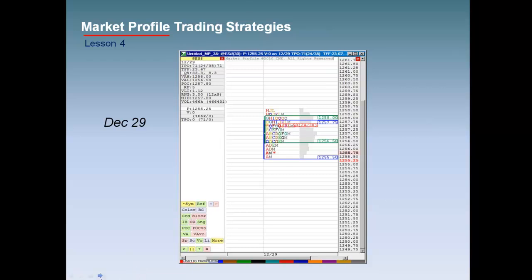All right. This is the December 29th, which was the following day, and that is the video that we just looked at. And I want to show you how, when we look at the profile, it looks very bulged in a very short and tight and narrow range. Those are all classic characteristics of short-term trader control in the marketplace.